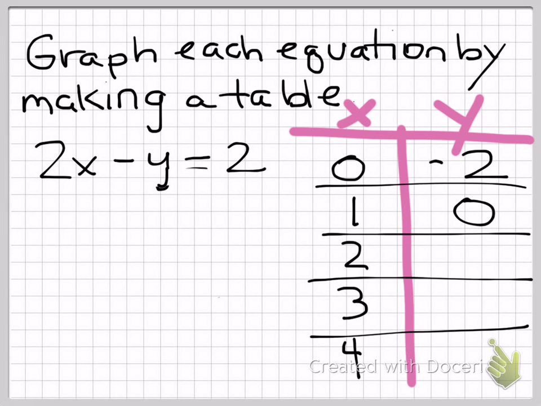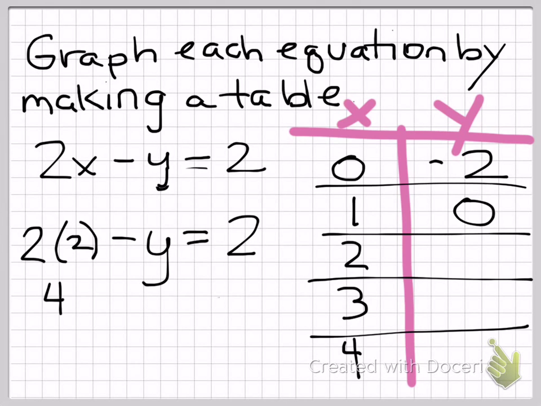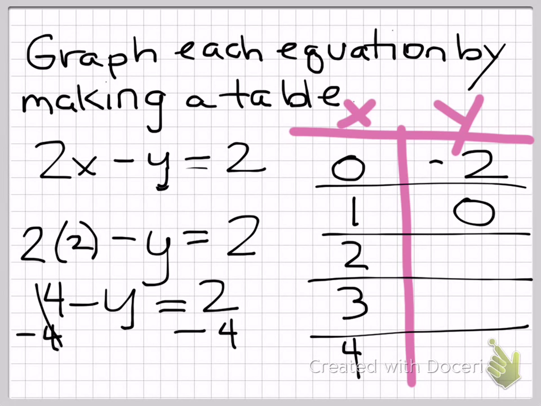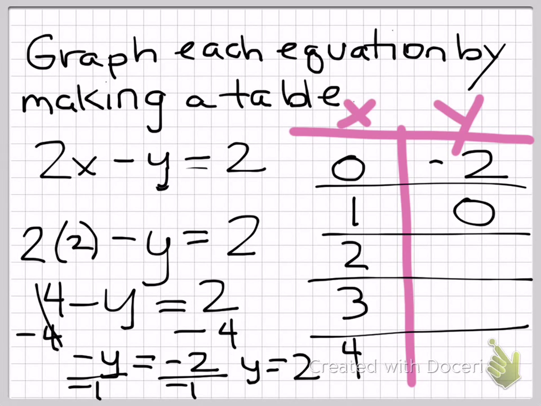Next we're going to try 2, so 2 times 2. 4 minus y equals 2. And we're going to subtract the 4. And then divide by negative 1. So y would be positive 2.